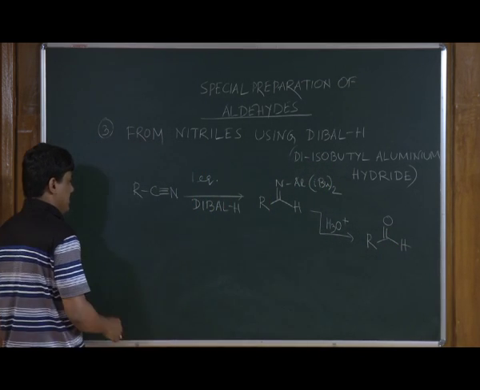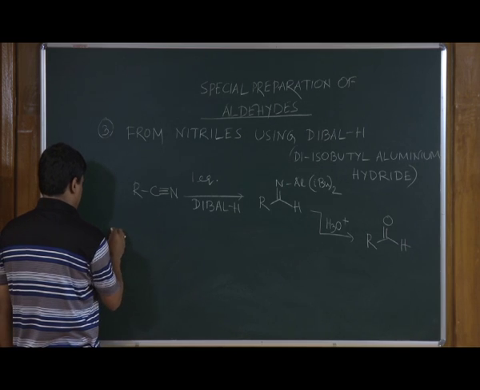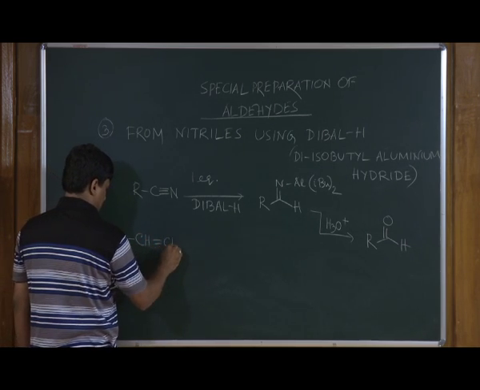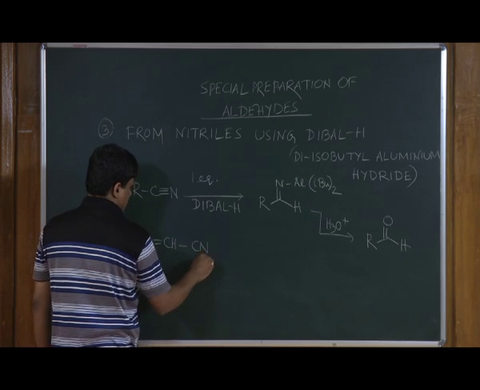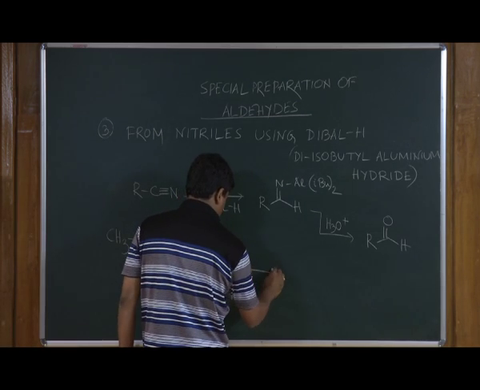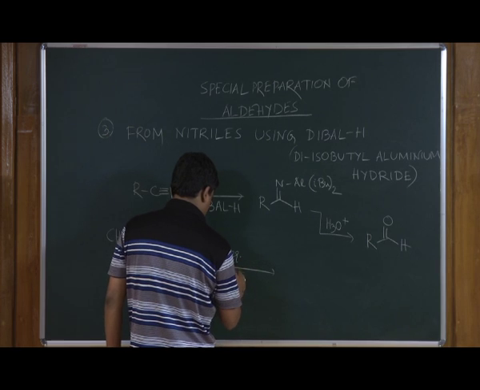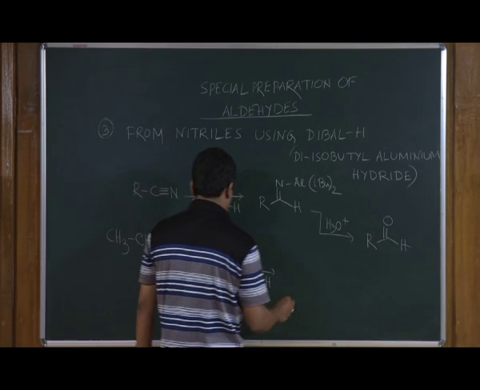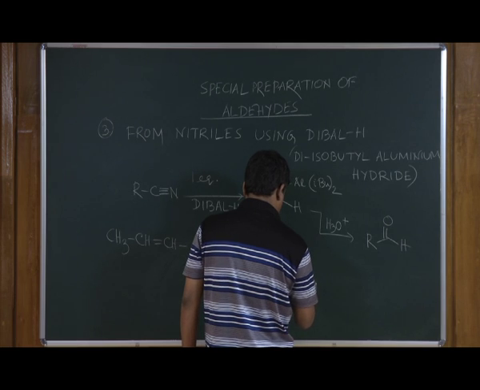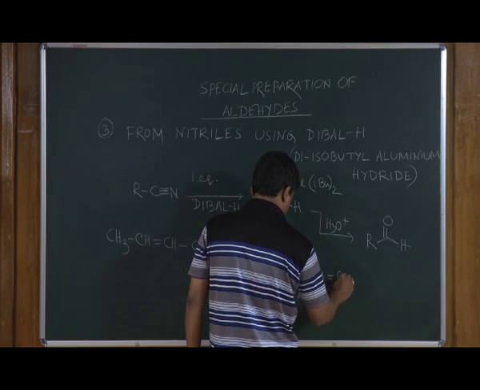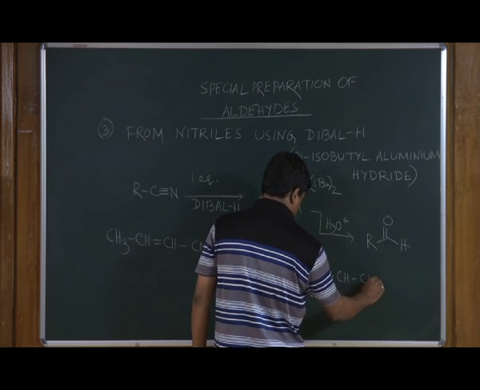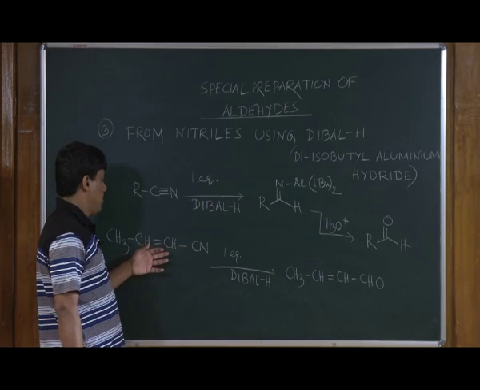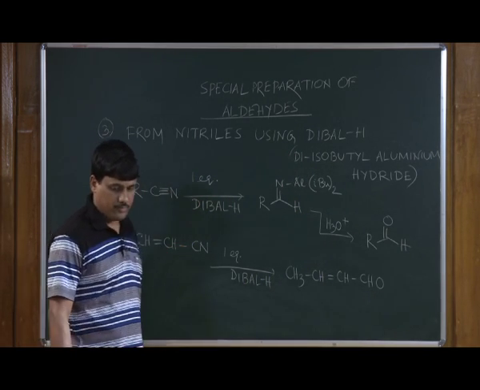This is an important synthesis, because if you have an alpha beta unsaturated nitrile, this also selectively gives the aldehydes. There is no reduction of the double bond.